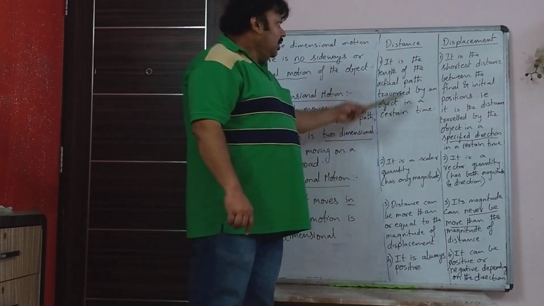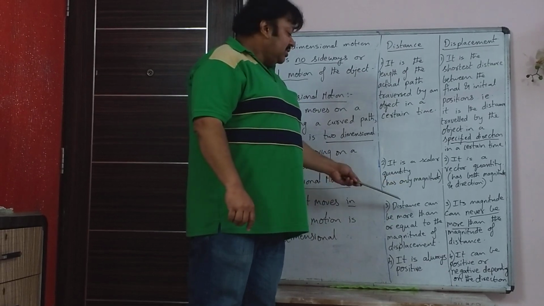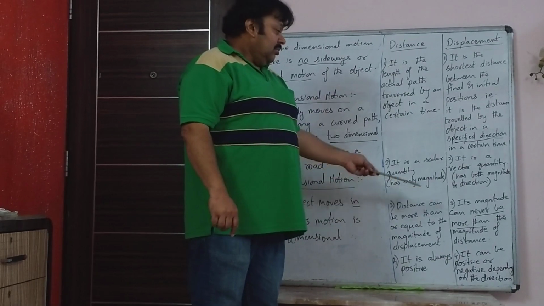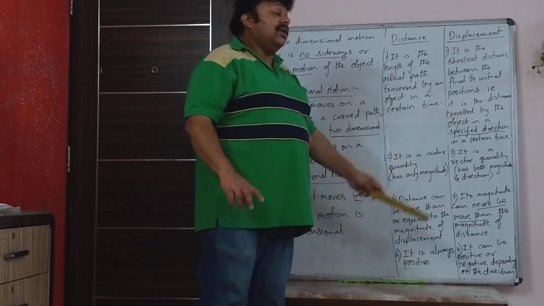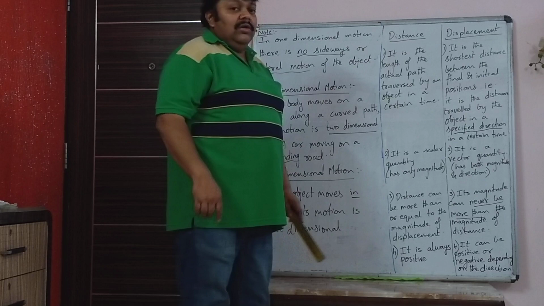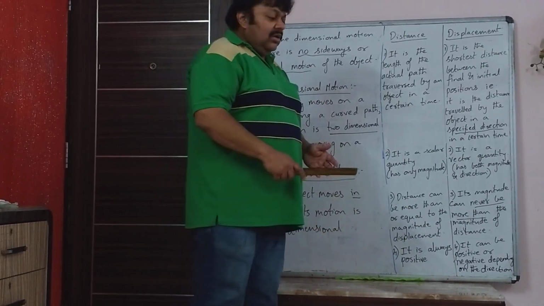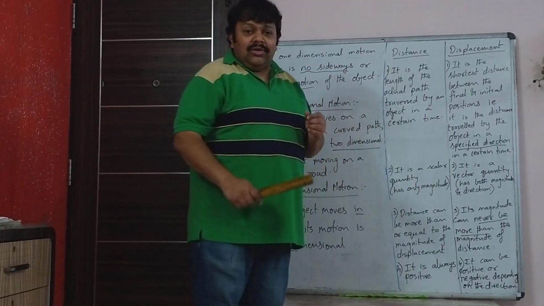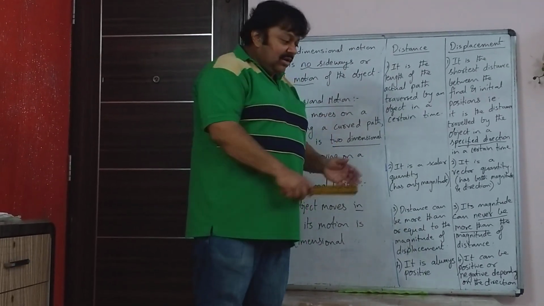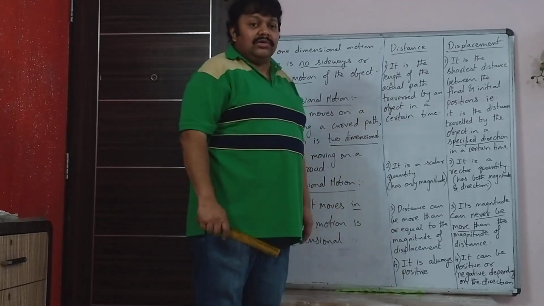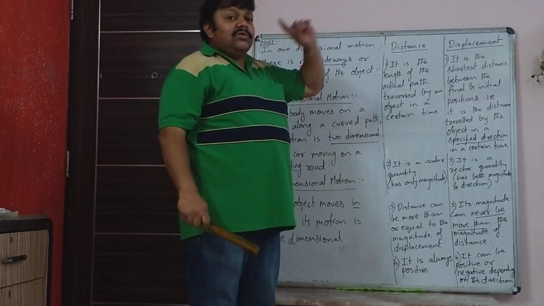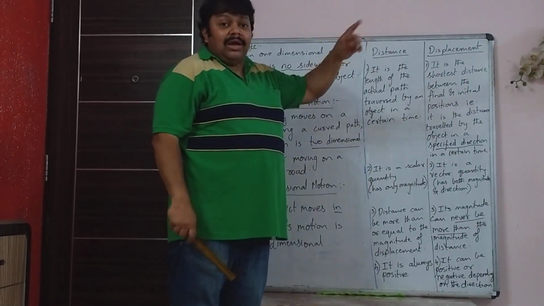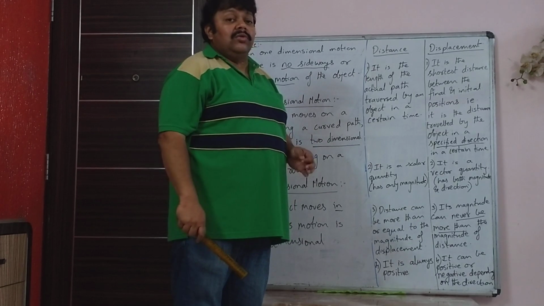Now, as I told you, distance can be more than or equal to the magnitude of displacement. But the magnitude of displacement can never be more than the distance. Don't get confused, I gave you a simple example. You are walking from our class to Bombay Scottish School by road. The distance you have walked is 1500 meters, whereas the rope thrown straight, not through a road but straight on top, like a cable wire, is only 1200 meters.